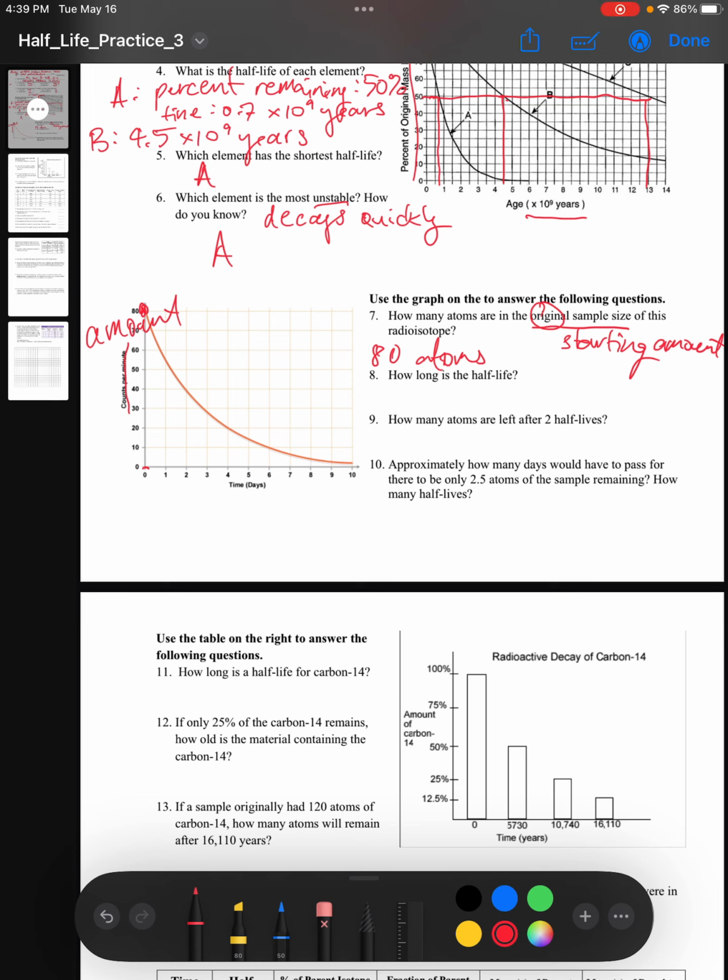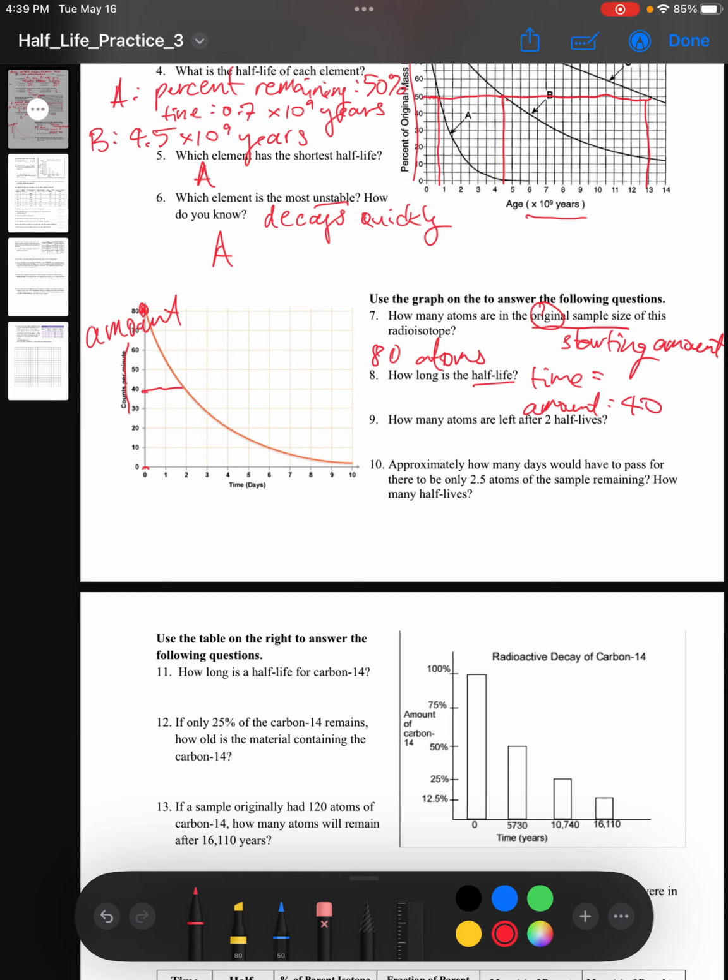How long is the half-life? Half-life, again, it's the time when the amount equals what? It's the time when the amount equals half of the original amount. It started with 80 atoms, so half of the original amount is 40 atoms.